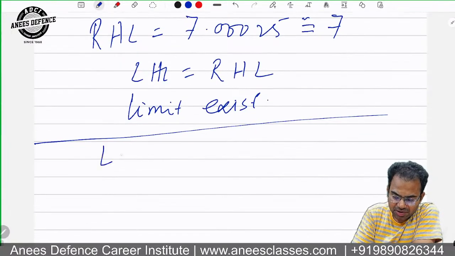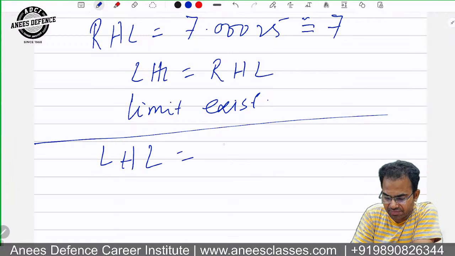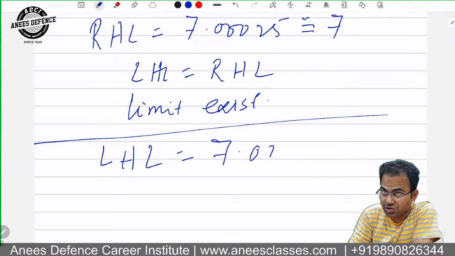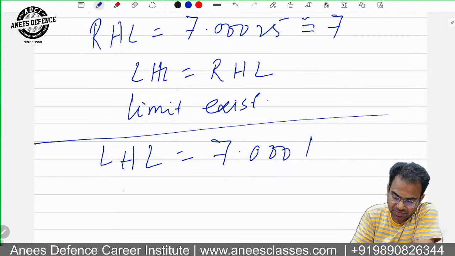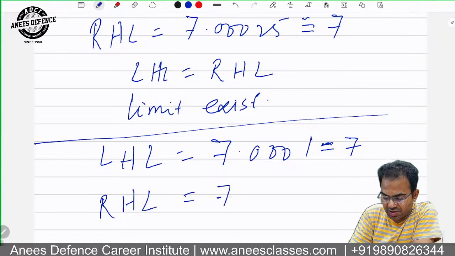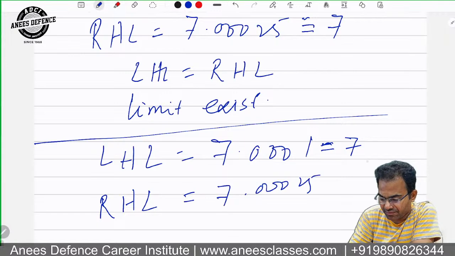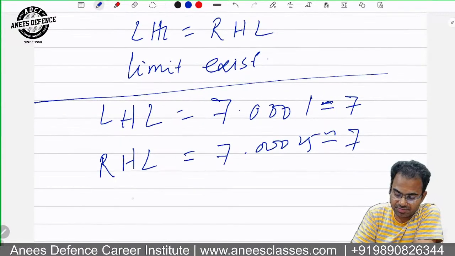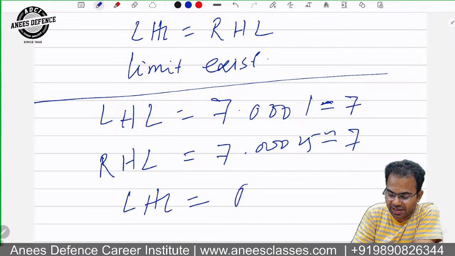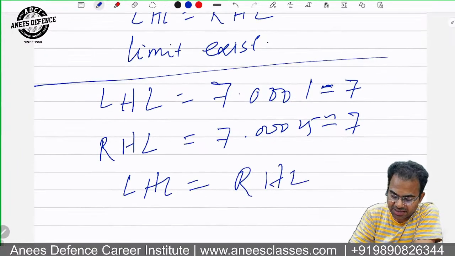Third thing, suppose that I have LHL equal 7.0001. It is approaching towards 7. RHL 7.0025. It is approaching towards 7. So LHL equal RHL. Limit exists.